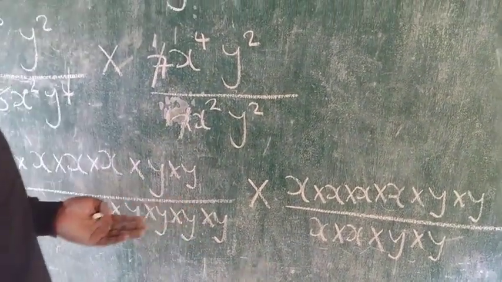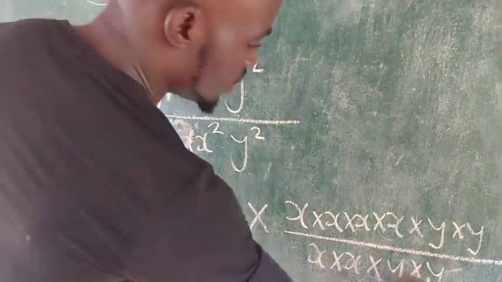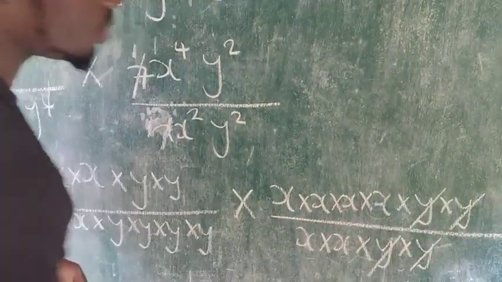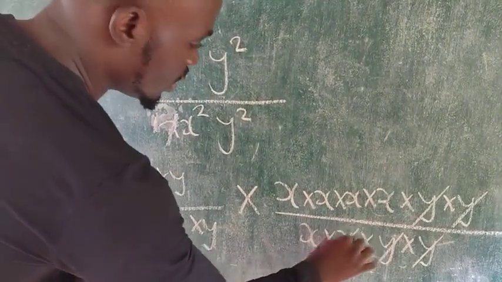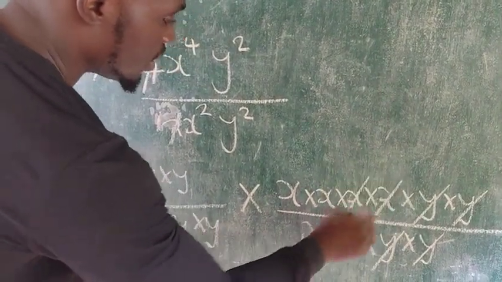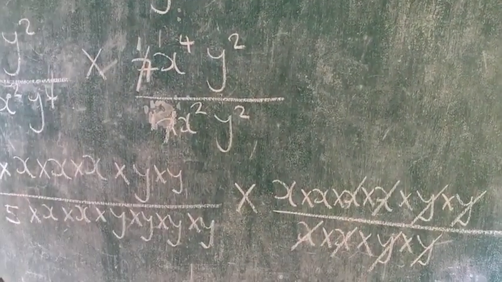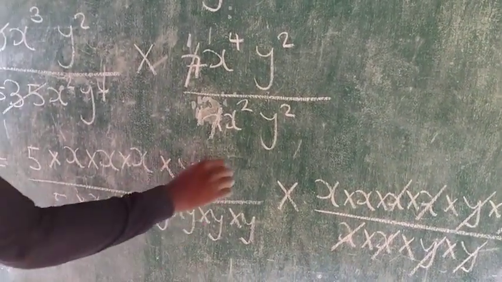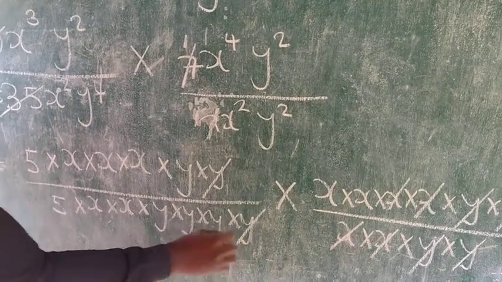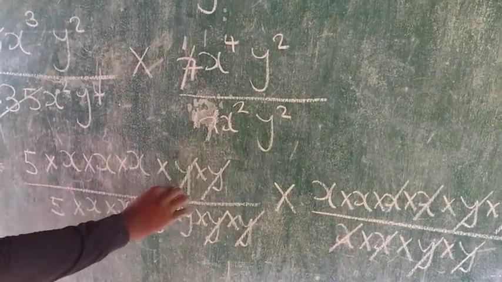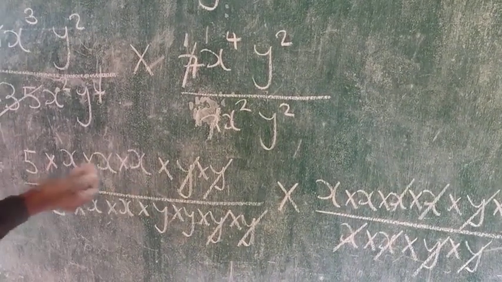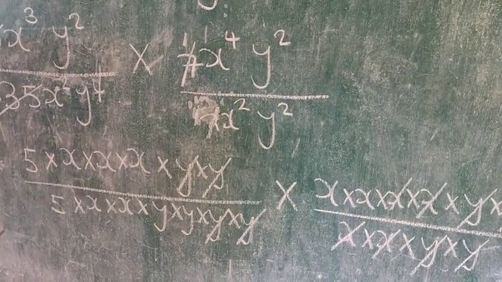What are we supposed to do? You can start cancelling the letters. Start with this y and that y. Then we come to this x and that x, this x and that x. Then we also come here, this y and this y, this y and that y. So we have finished cancelling the y's.